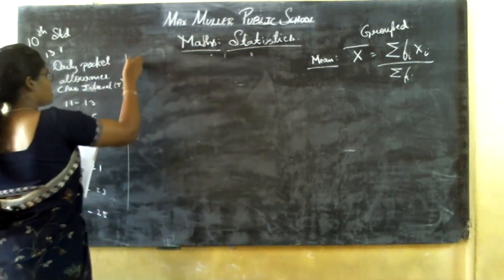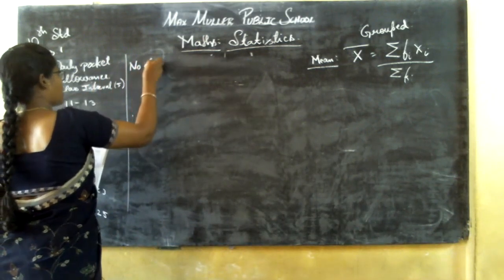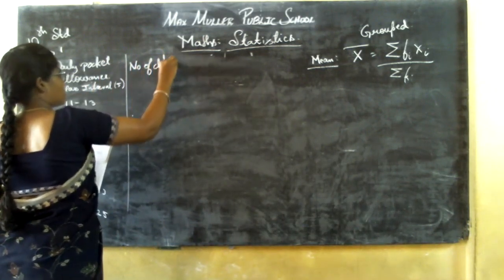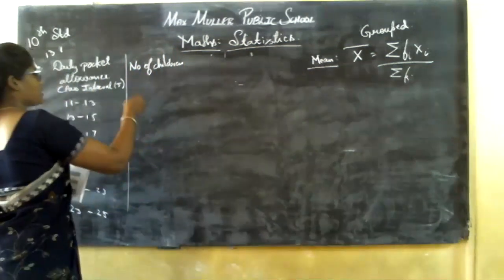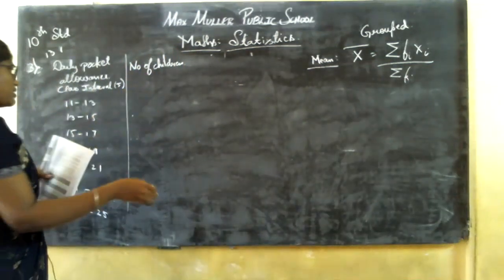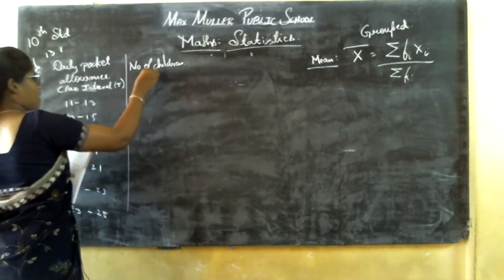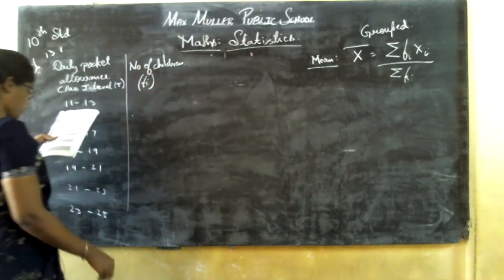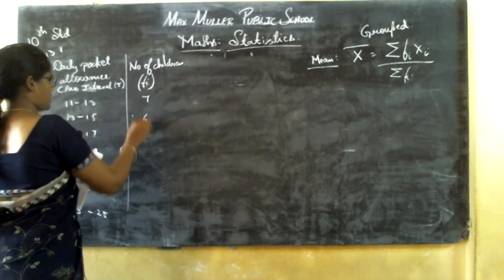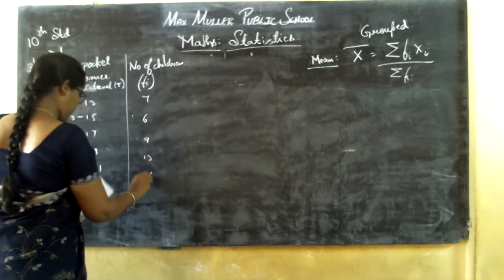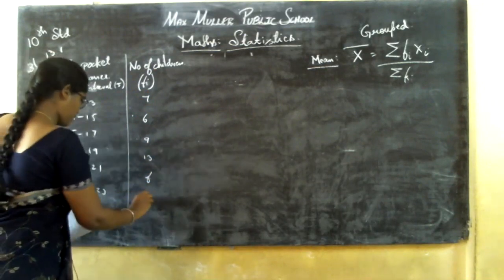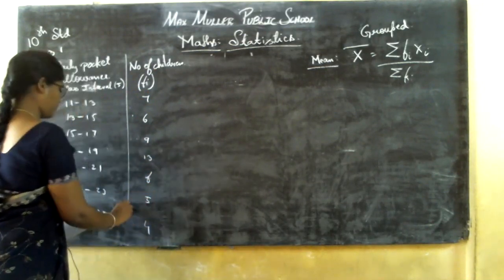For how many children? What all the allowance they have given? Let me see to that. So what are the number of children we are going to take? It is the repeated observation being done. So let us take it as Fi, that is the frequency. So what they have given? 7, 6, 9, F, then 5 and 4.